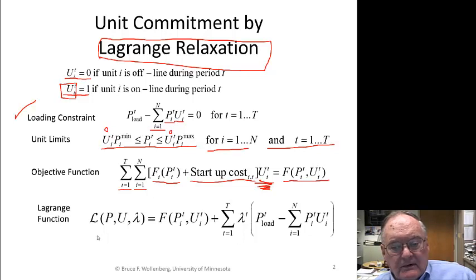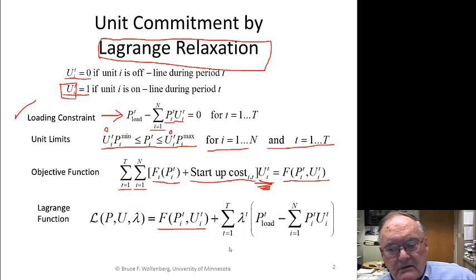And then I'm going to put our standard Lagrangian, which says we have the objective function, which is this sum over all the time steps and all the units, plus lambda for our loading constraint up here, times P load minus u_i^t times P_i^t, as we did in standard economic dispatch.